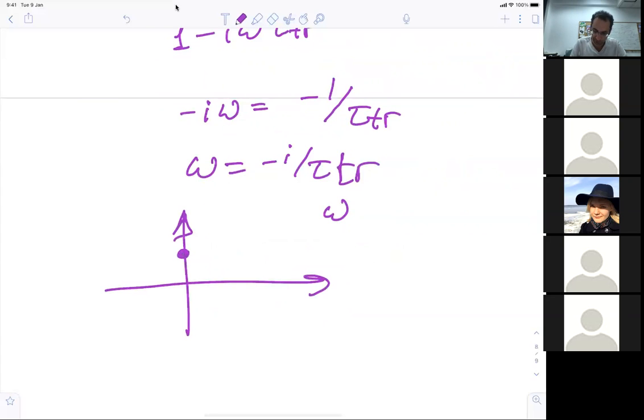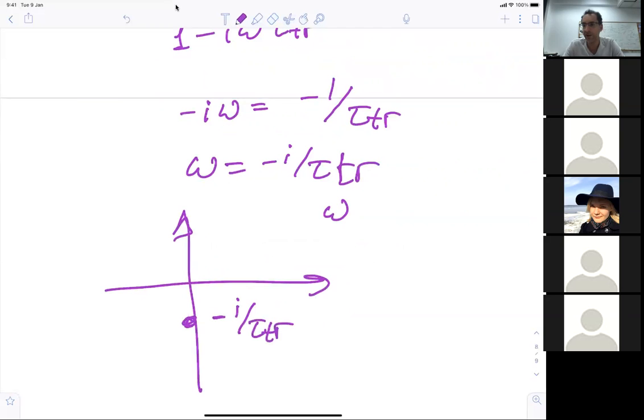So as a function of complex frequency, there is a pole here. That was wrong. There's a pole here at the point minus i over tau transport. So this is a response coefficient that has a single pole as a function of frequency in the complex plane at that point. That's its analytic structure: a single pole in the lower half plane.